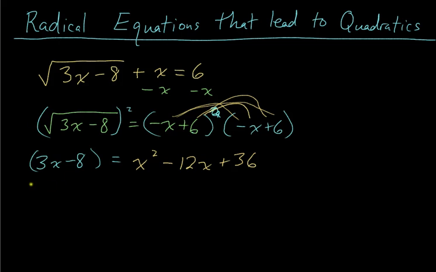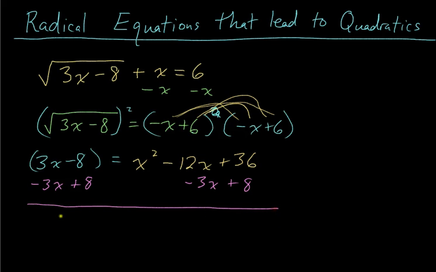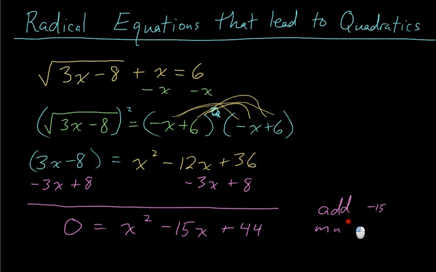Again, to solve a quadratic, we get one side 0, so I'm going to move my 3x and my 8 over. So minus 3x plus 8. On this side I've got 0, x squared minus 15x plus 44. To factor something like this, I need two numbers that add up to negative 15 and multiply to make 44.